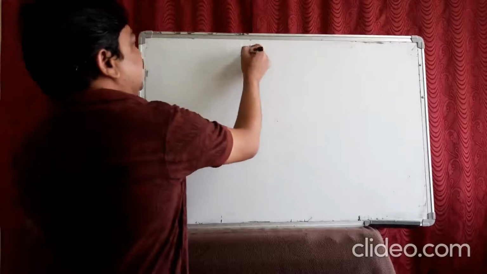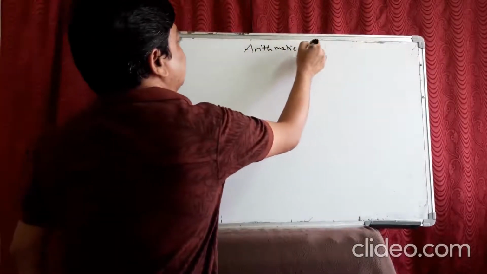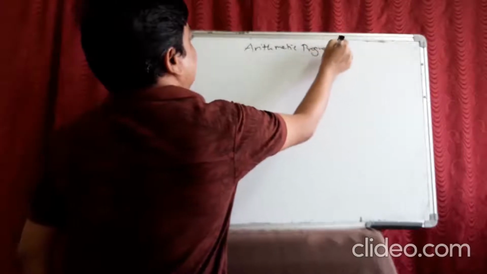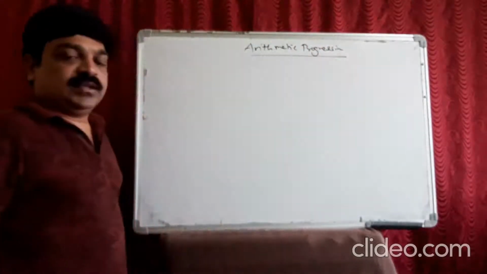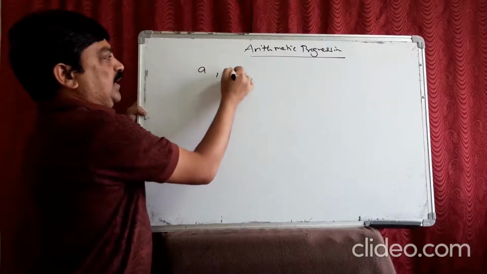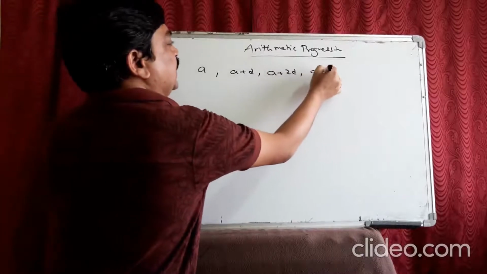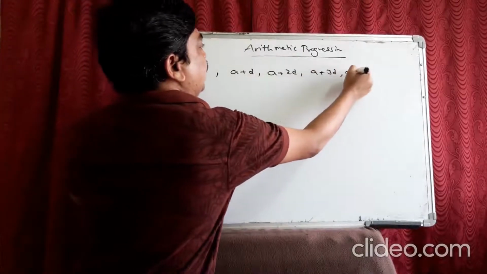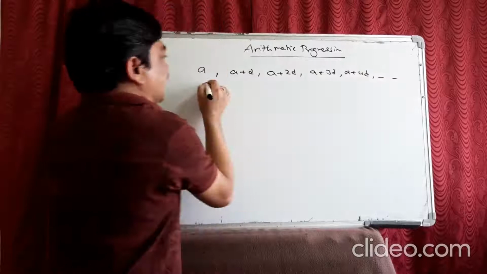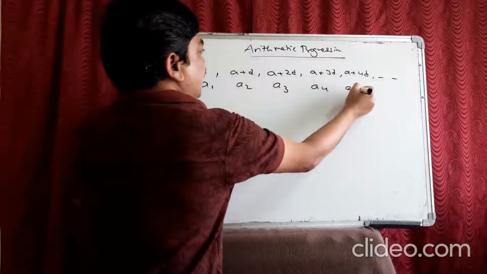Hi, students. In arithmetic progression, the next exercise is to find the nth term. You know this series: a, second term is a plus d, third term is a plus 2d, fourth term is a plus 3d, fifth term is a plus 4d, and so on. This is A1, A2, A3, A4, A5.